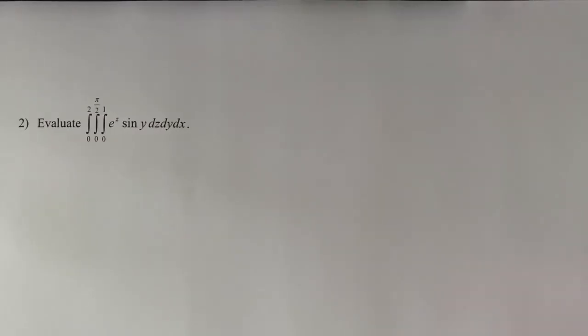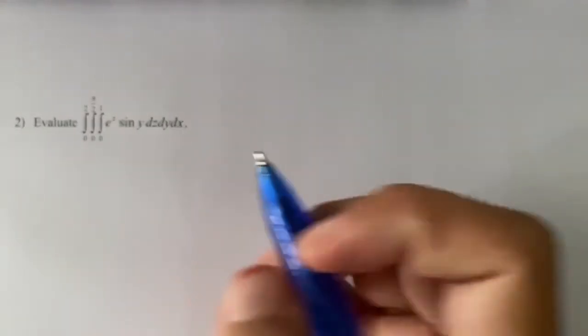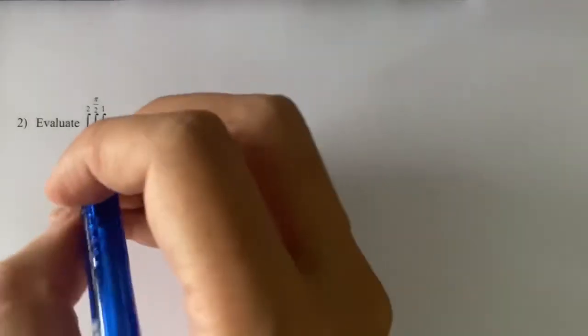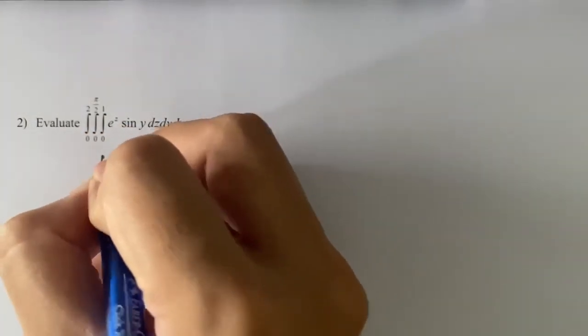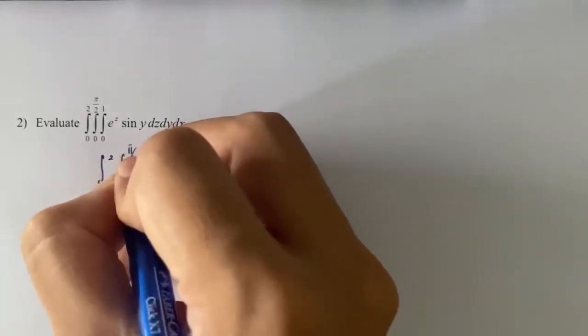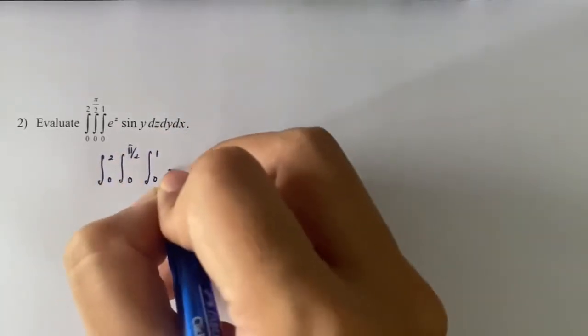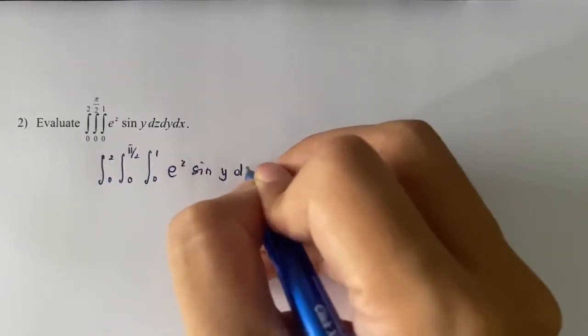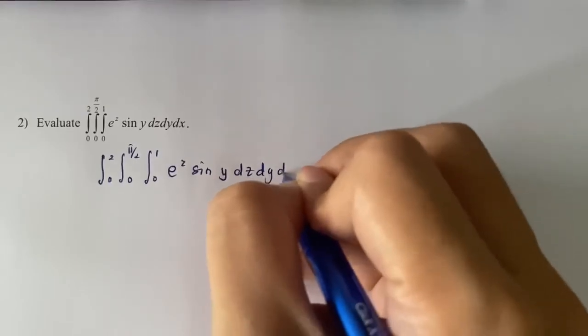For the last example in this video, we evaluate the triple integral of e^z sin y dz dy dx, given the limits: x from 0 to 2, y from 0 to pi over 2, and z from 0 to 1. Integrating e^z with respect to z gives e^z, with limits 0 to 1, dy dx.